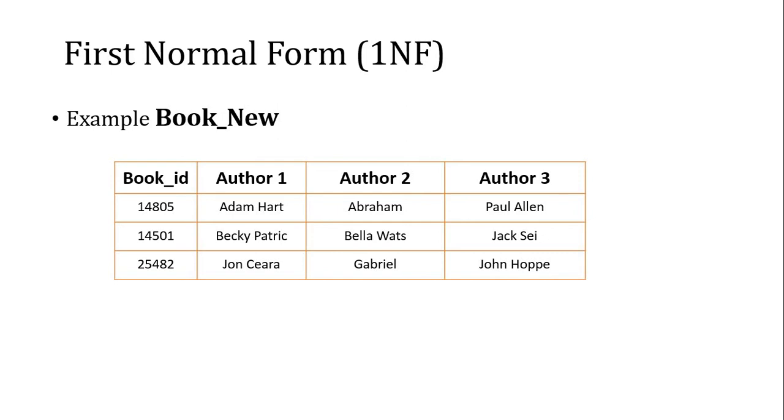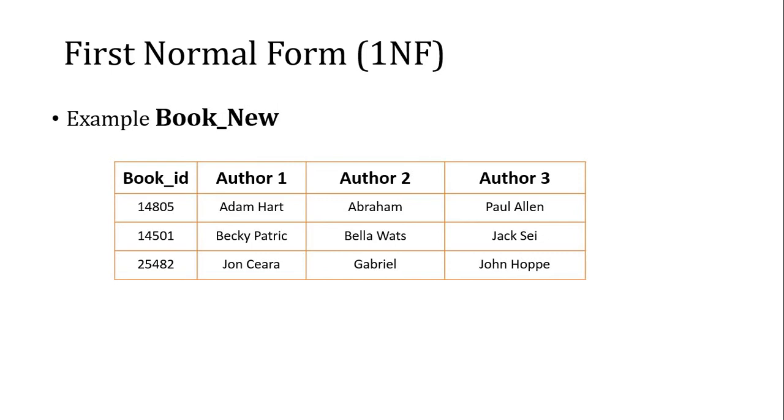So all the fields will be null when you create author 1, 2, 3, 4, 5 up to 25. All the columns have no data, they have null data, but you have created them for a single book which has 25 authors. So database space will be wasted. So we cannot do it.